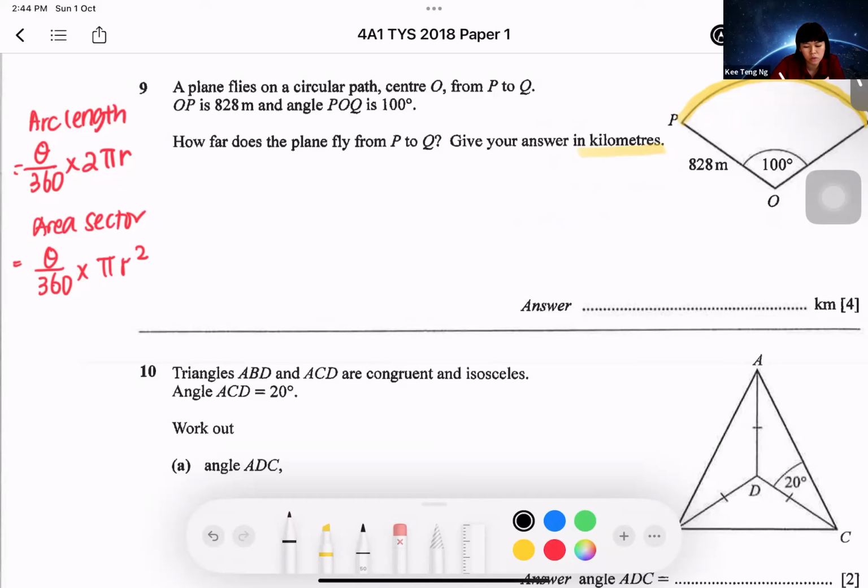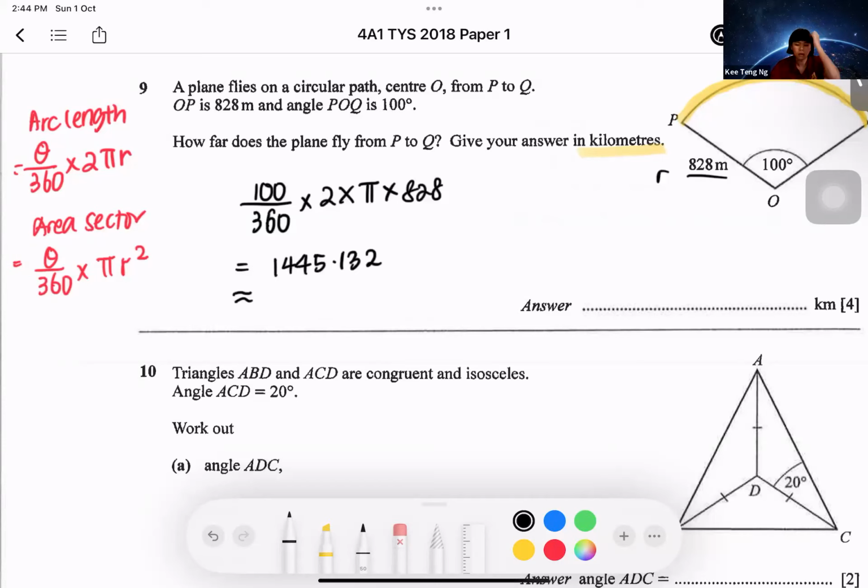flies across, so it will be 100 over 360 times 2 times pi, and my radius will be 828 meters. And you get 1445.132. And giving your answer in kilometer. Oh, this is in meters.